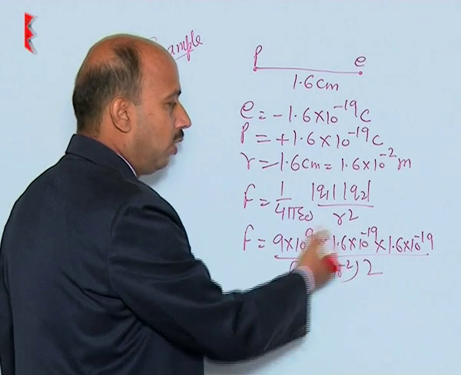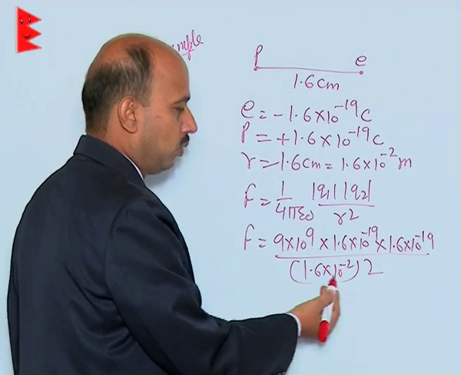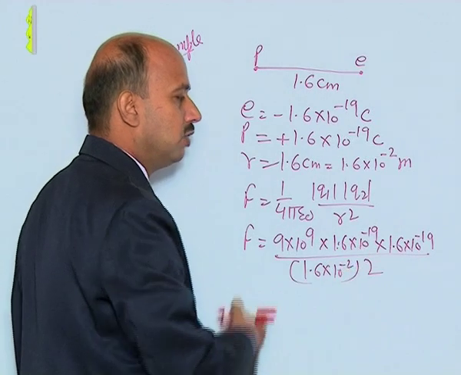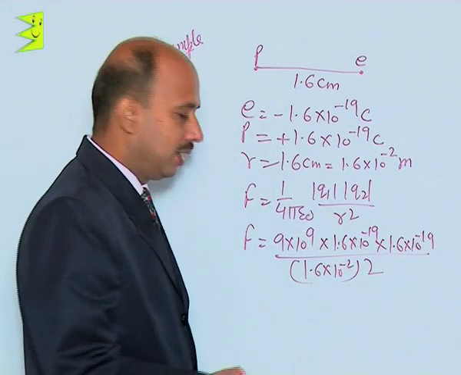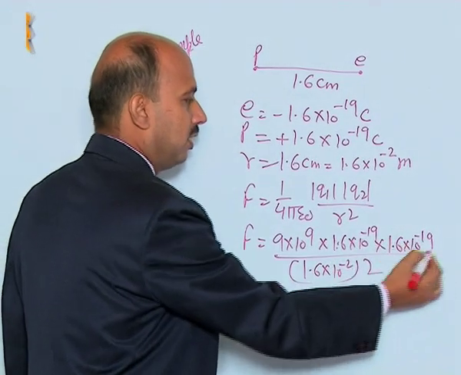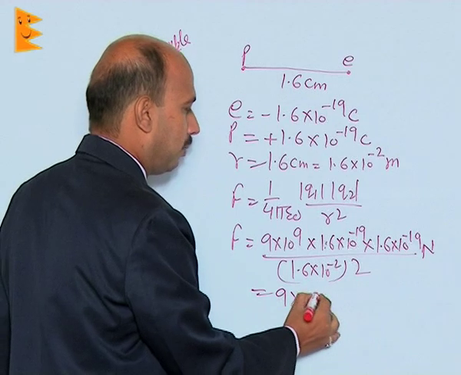So now when you solve this, the 1.6 into 1.6 will be cancelled, and the powers minus 2 minus 4 will also get cancelled. So when you solve this, you will be getting 9 into 10 raised to power minus 25 Newton.